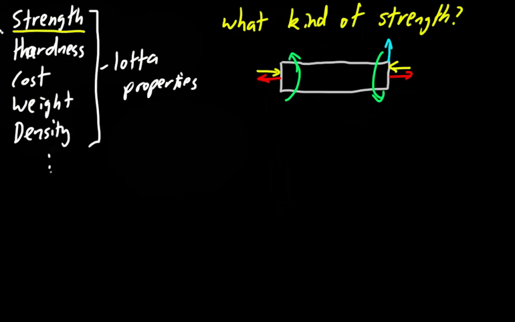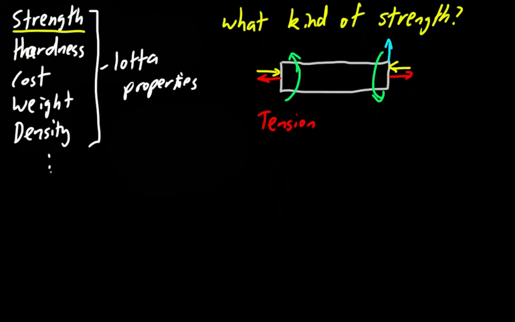Each of these types of forces or loads that we can apply on materials has a different name. See this red force where you're pulling things apart? This is what we call tension, which is literally just pulling things apart.